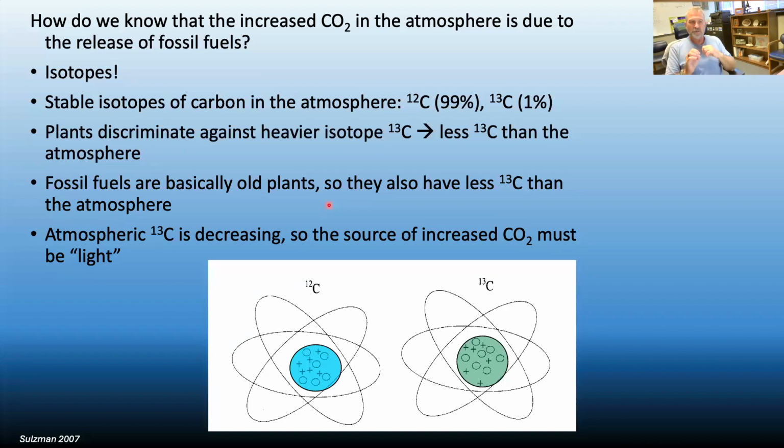So the source of increased carbon dioxide must be light, using that term. As we're burning more plants with more carbon 12 in them, the ratio of carbon 13 in the atmosphere is decreasing because the amount of carbon 12 in the atmosphere is growing because of the amount that we're putting in. Here's the short story of that.